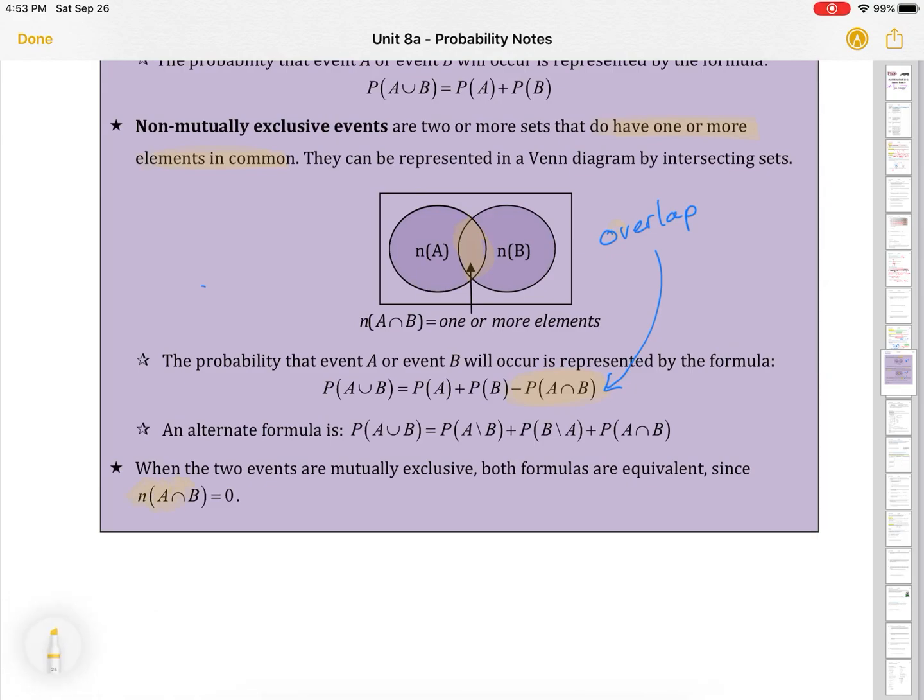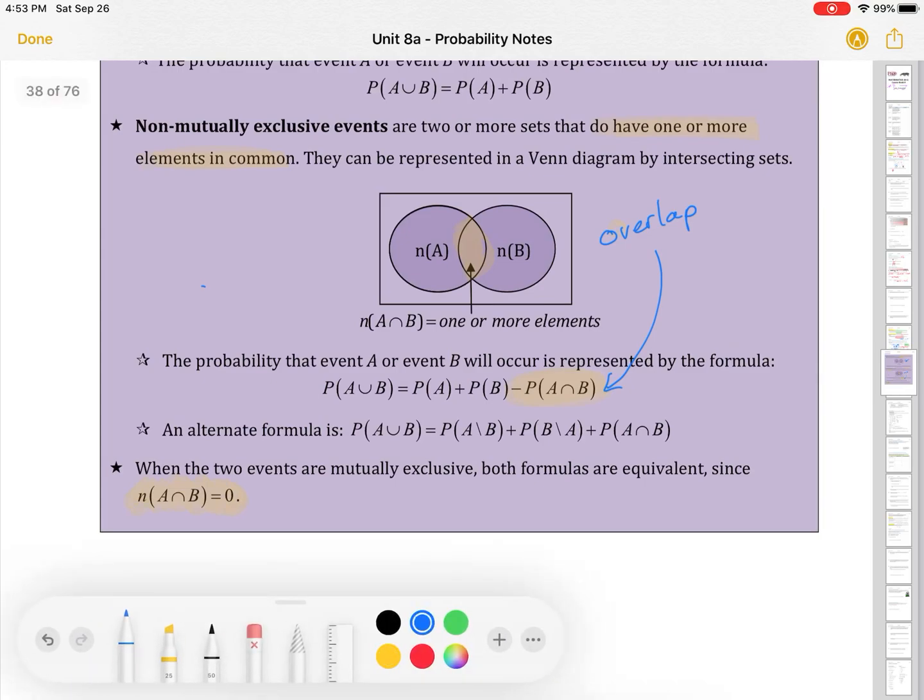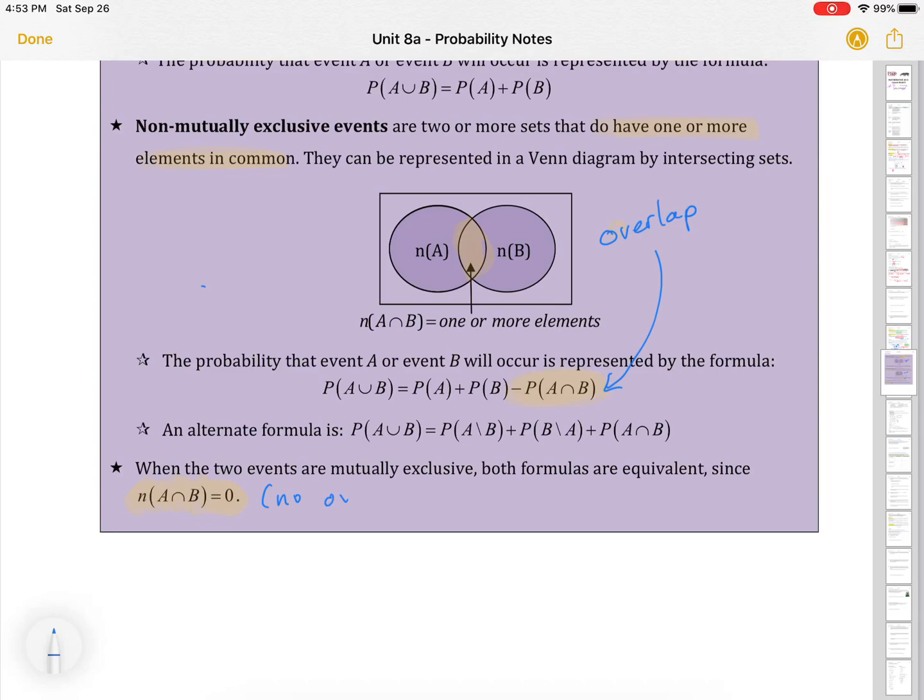So that is what we're subtracting, our overlap. When two events are mutually exclusive, both formulas are equivalent, since this equals 0. That means there's no overlap, right? This means no overlap.